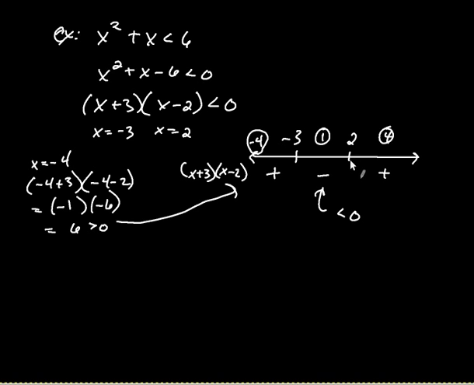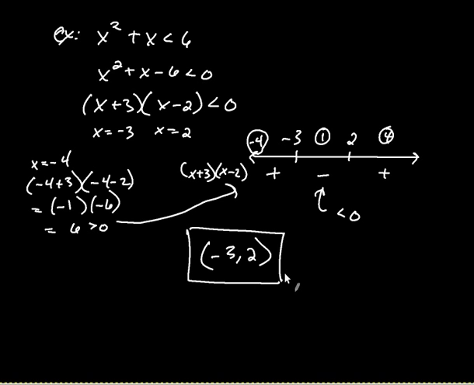Because when I plug them in, I get a negative. That's what the little indicator told me. The little indicator spoke for all the numbers between -3 and 2. When I plugged in any number in that interval, I get a negative. Okay? So that means my solution set, my solution to this problem, is just all the numbers between -3 and 2. And that's it.